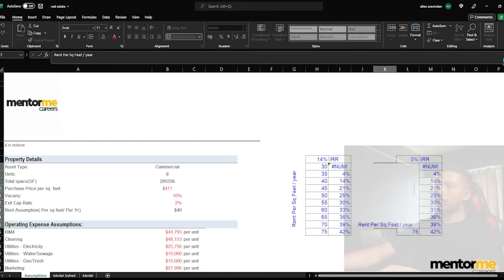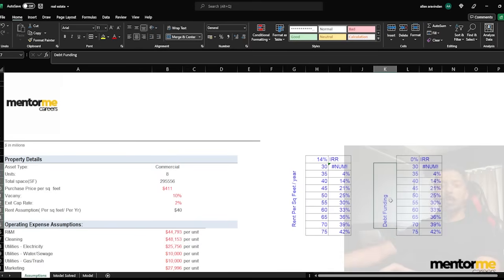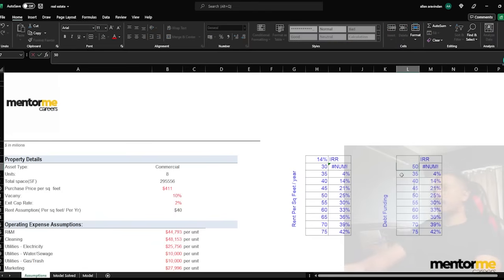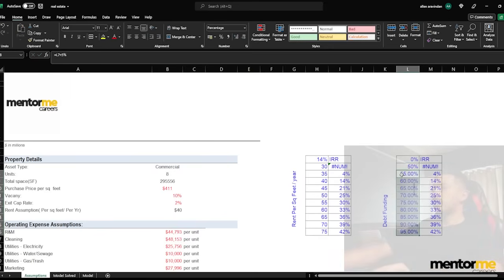So let's say now we want to test what will happen if probably the debt rates are changed. Okay, so let's say the debt funding: what happens to our IRR if we increase the debt funding? So we are starting at 65%, so maybe we start from 50%, okay, and we go all the way up to, so let's see till where we can go. 95% usually is not done, right?